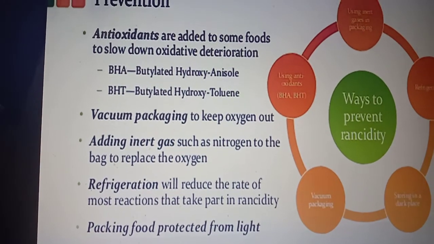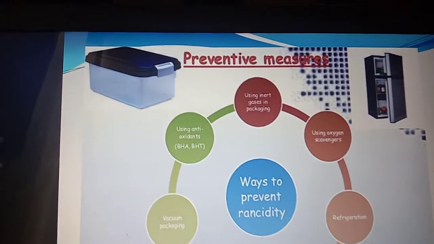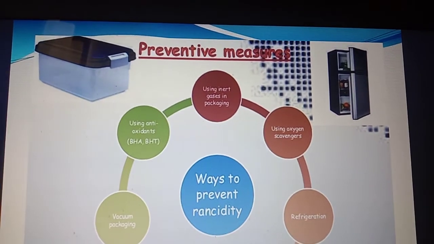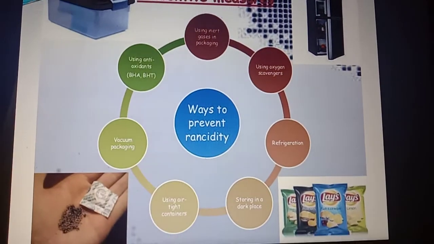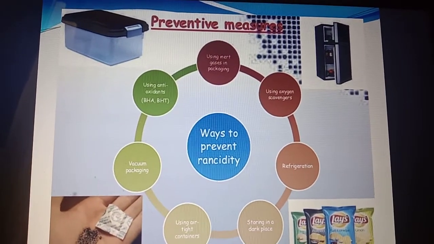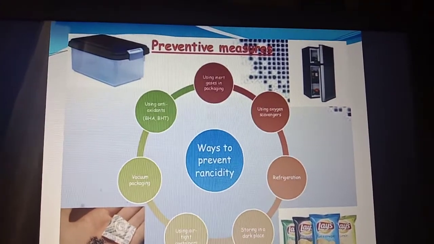And packing food protected from light, or we can even use airtight containers like the one shown here in this picture, refrigerator. Then these chips packets are flushed with nitrogen gas, which is inert, and it acts as an antioxidant.